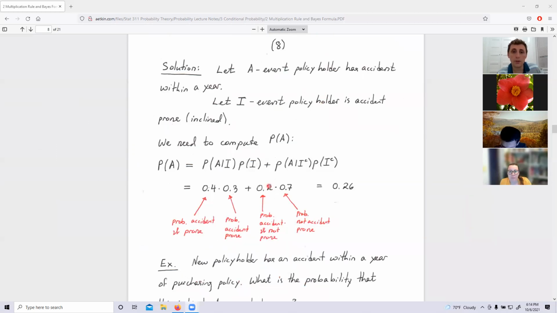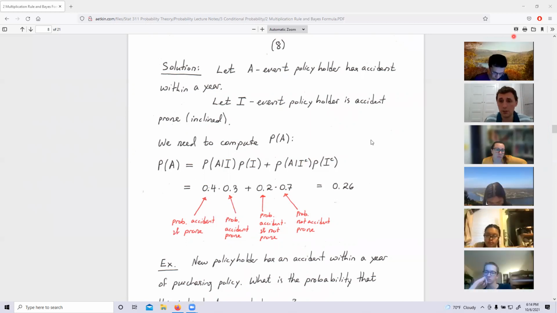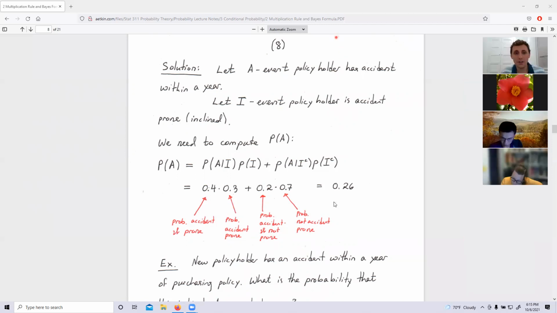Well, 0.2 is the probability of an accident given that the person is a good driver. So if a person is a good driver, according to this question, the accident will happen in a year with 20%. I don't know in which country, but 20%, it's pretty high. Good.